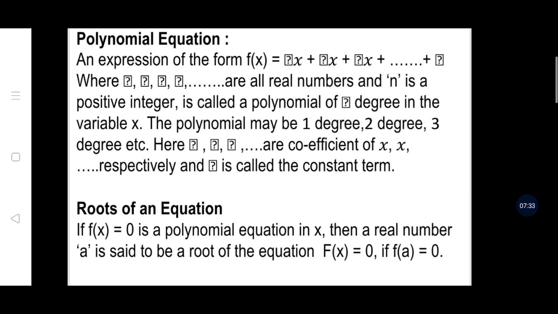The polynomial may be of 1 degree, 2 degree or 3 degree. Here the a's are the coefficients of x respectively, and the last one is called the constant term.